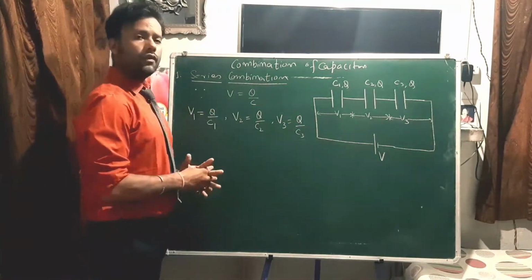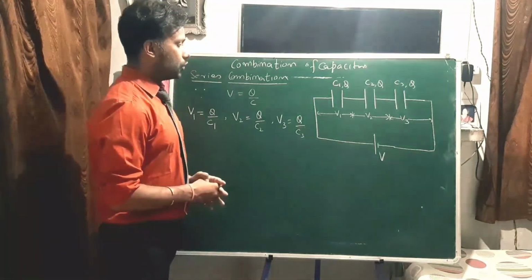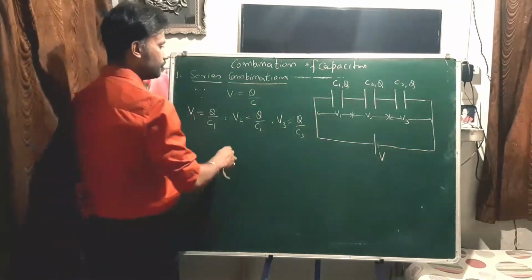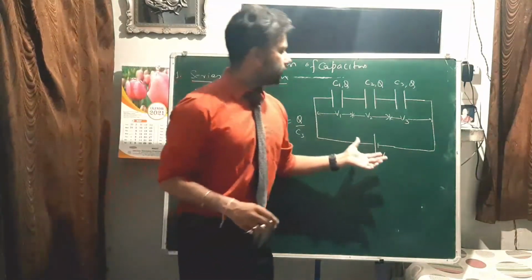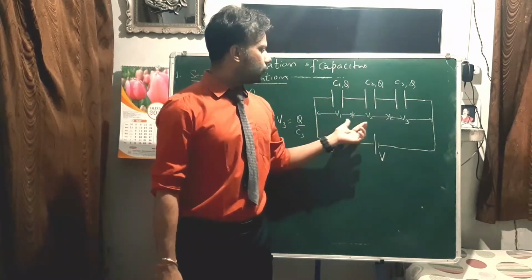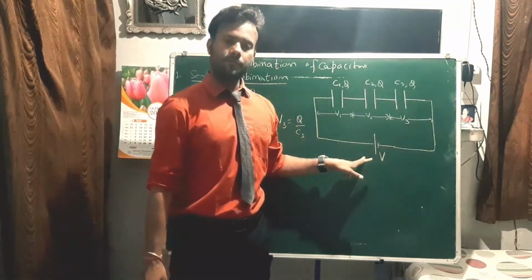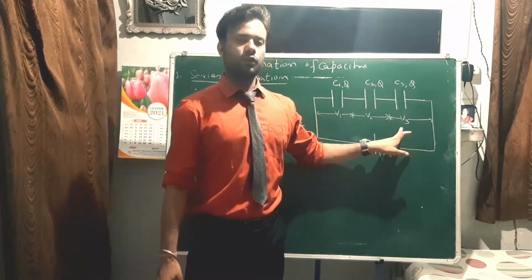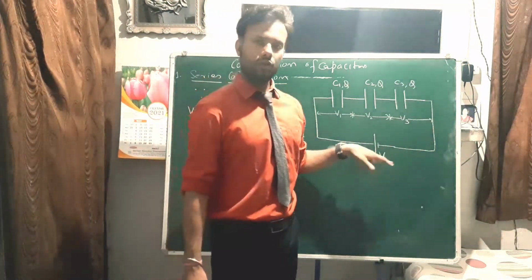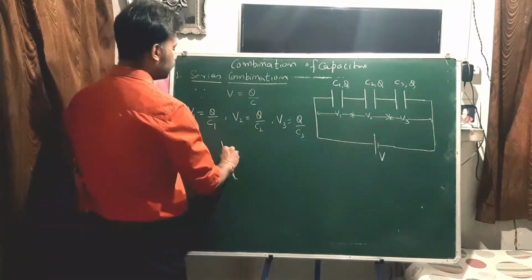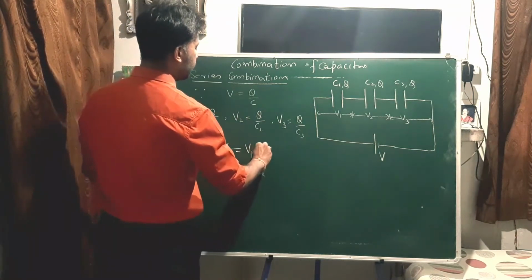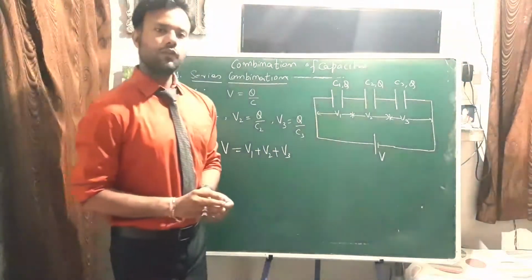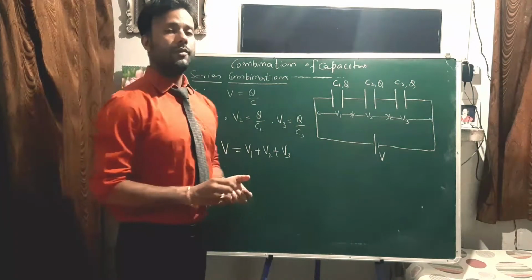Now, what will be the total capacitance? We have to calculate this in this part. In this circuit, these potential differences are basically taken from the battery V. So if we add all of these voltages, it will be equal to the total voltage of the voltage source. So the total V will be V1 plus V2 plus V3, the total potential difference of the voltage source.